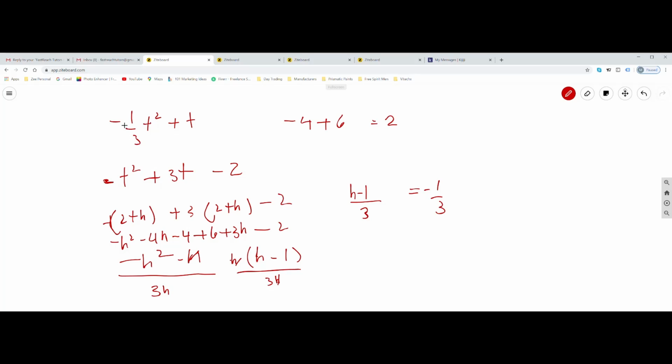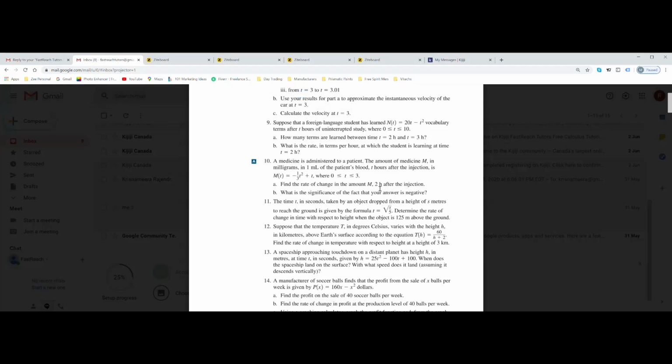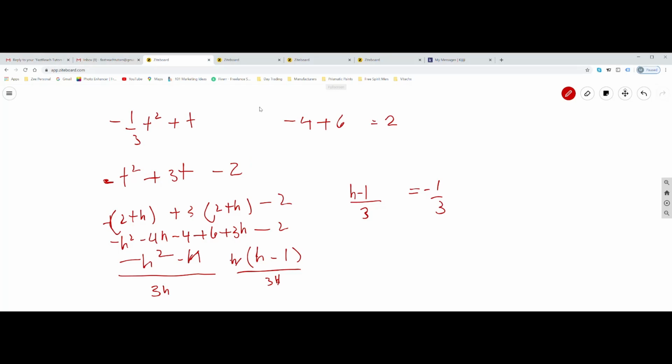So we need to find the limit since it only gives us 1 point, which is 2 hours after.